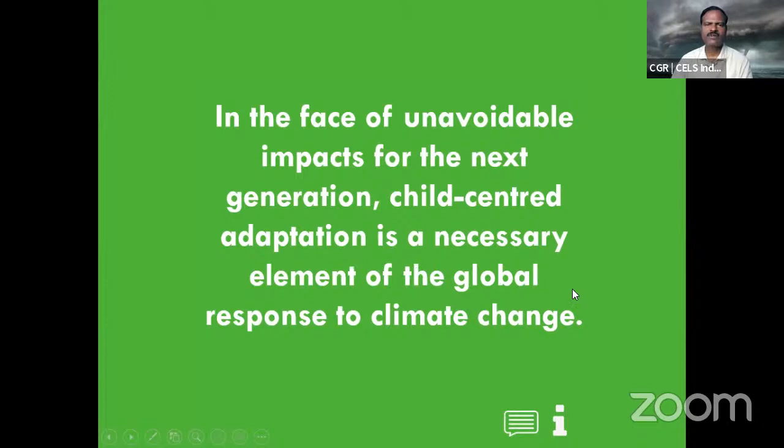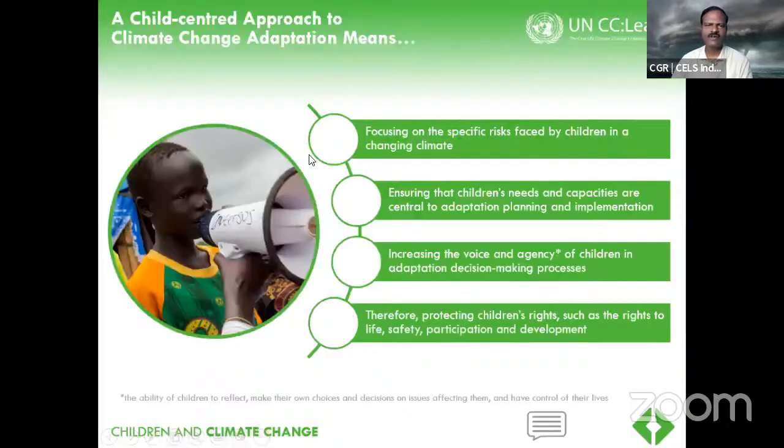So right from their education, everywhere, what we can do. Focusing on the specific risks faced by children in a changing climate. Let us say in a country we have many floods, then how do they face it? Then ensuring that children's needs and capacities are central to adaptation planning and implementation.